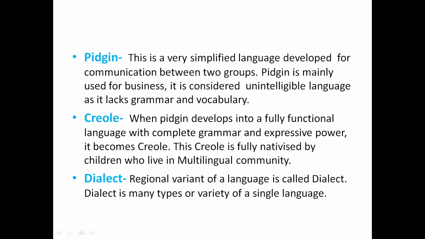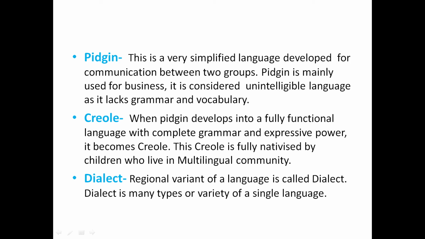Creole. When Pidgin develops into a fully functional language with complete grammar and expressive power, it is called Creole. This Creole is fully nativized by children who live in a multilingual community.